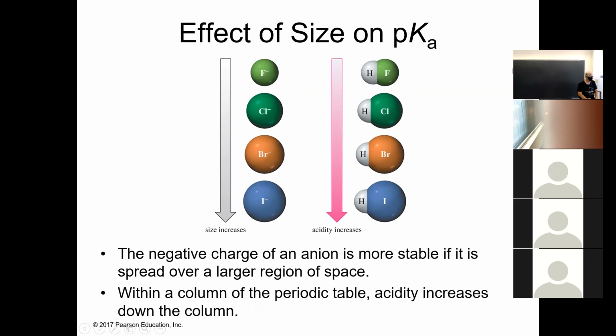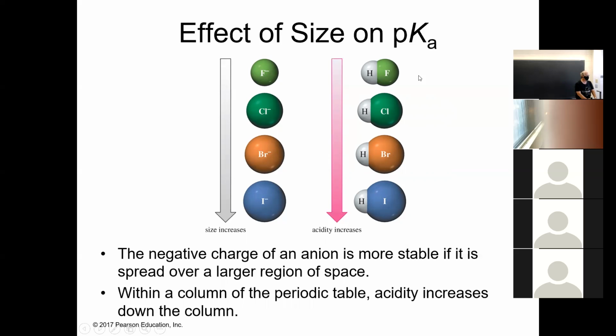Also, we can explain this in terms of orbital overlap. A fluorine atom is actually about the size of a hydrogen atom, so they have similar sizes. The reason for that is that as you add protons across the row, that pulls electrons in closer to the nucleus.